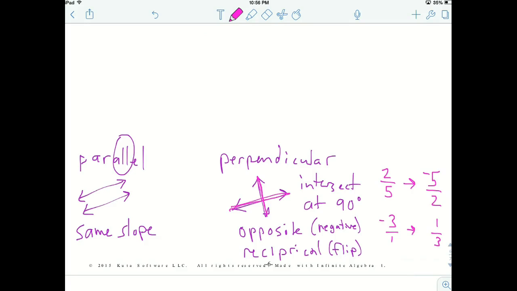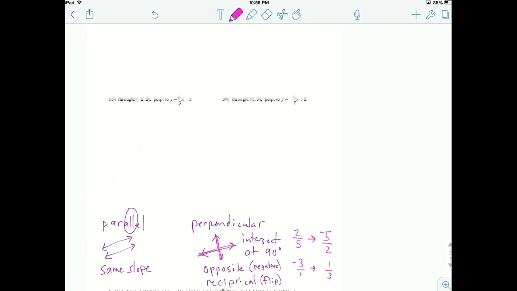And if it is going down very steeply, if the fraction is a very large number divided out, then the other one's going to be very gradual. It's going to be a fraction very close to 0. And so that's kind of the way I like to think about how I keep those rules straight. But the opposite reciprocal, the negative flip, is maybe another, less technical way of saying that.